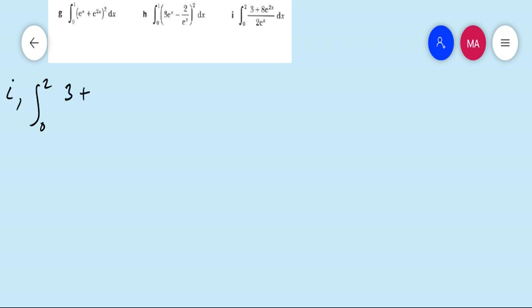Integrate 0 to 2, (3 plus 8e power 2x) upon 2e power x dx.